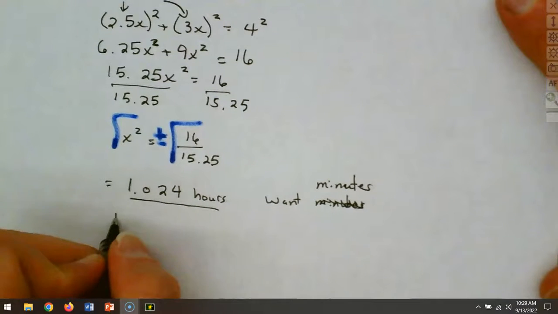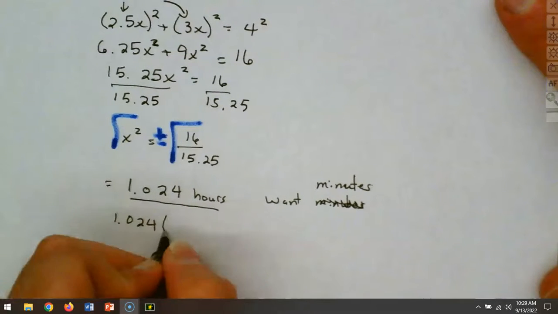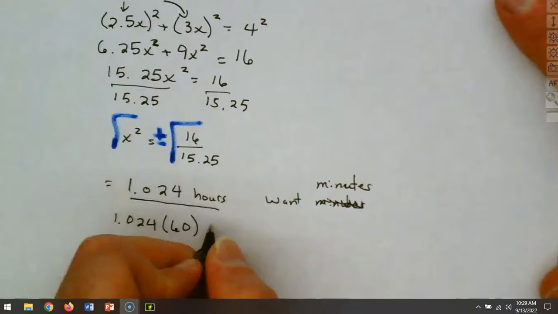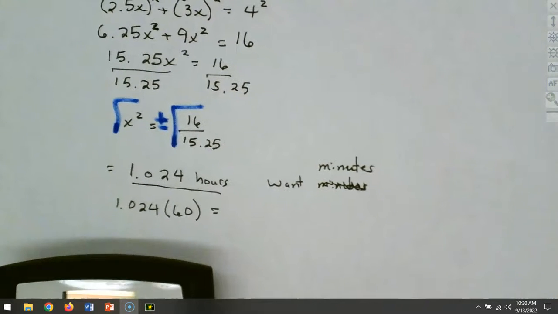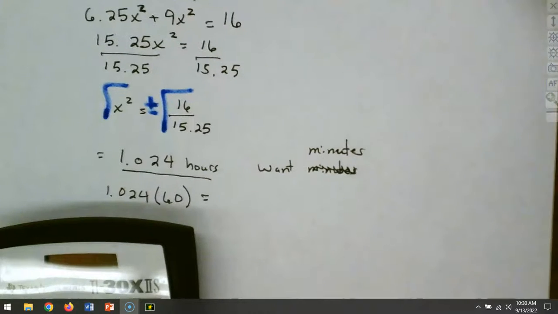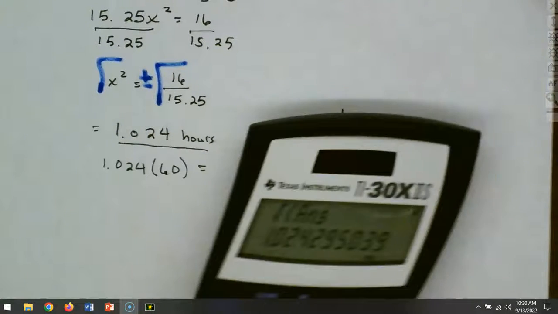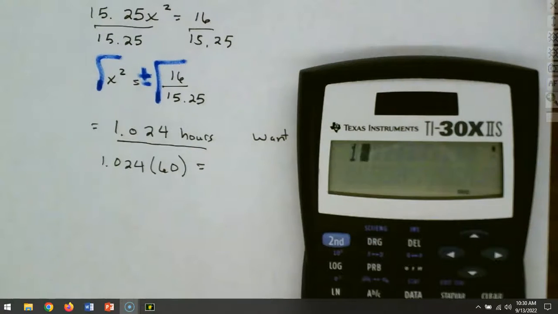Well, we take our 1.024 and we're going to multiply it by 60 because there's 60 minutes in an hour. And how many minutes should it take for them to be that 4 miles apart? Well, if we work it out and round it, 1.024, we're going to multiply that by your 60.